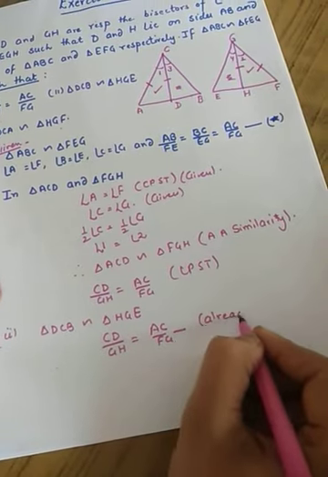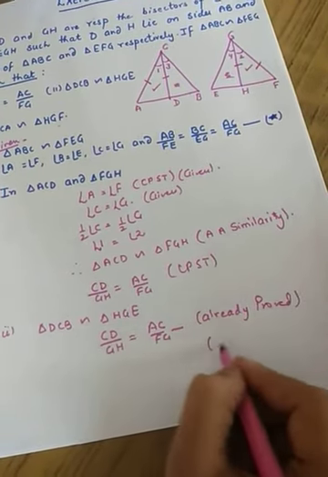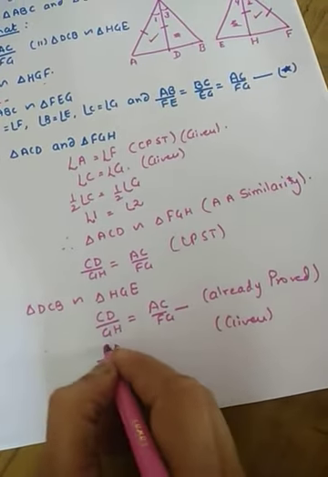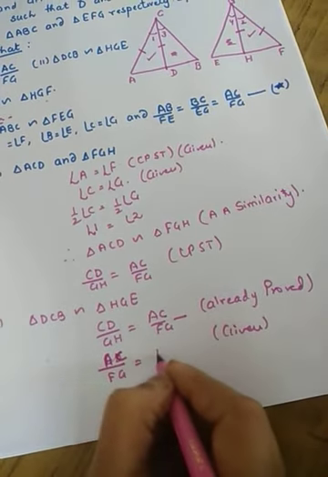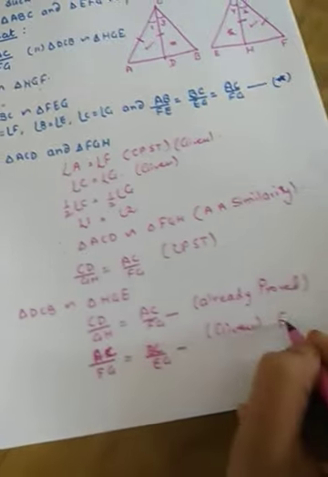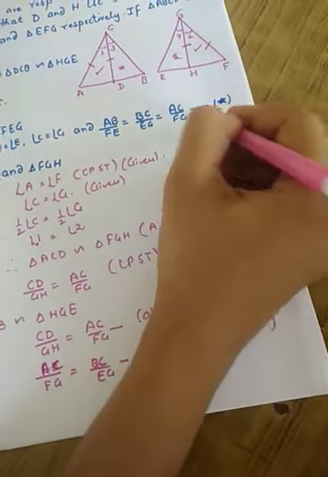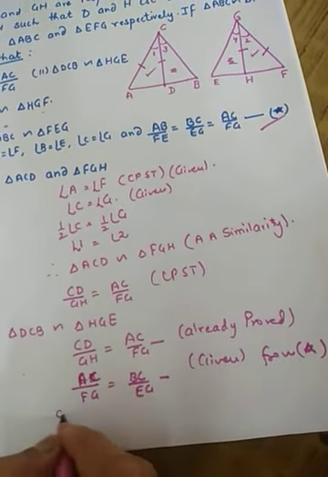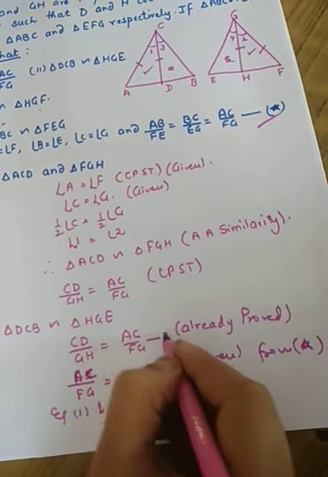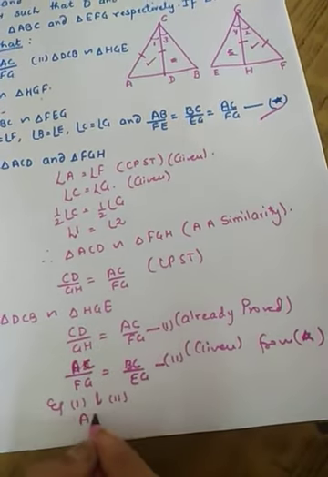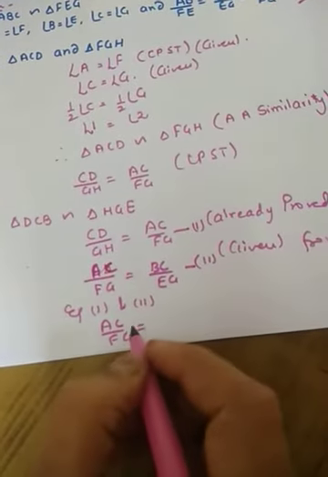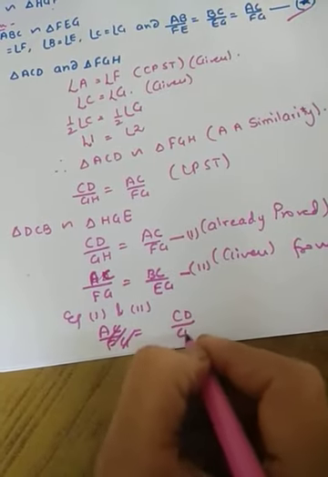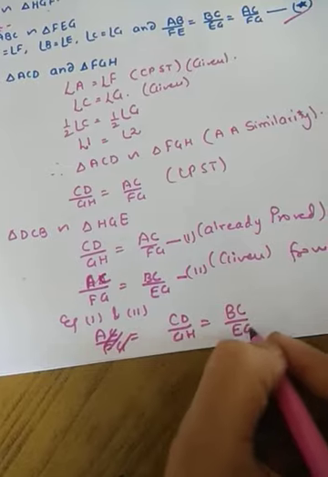And it is given that AC upon FG is equal to BC upon EG. This equation I have marked as star. Now equating these two equations, 1 and 2, AC upon FG is common. So we can say that CD upon GH is equal to BC upon EG.